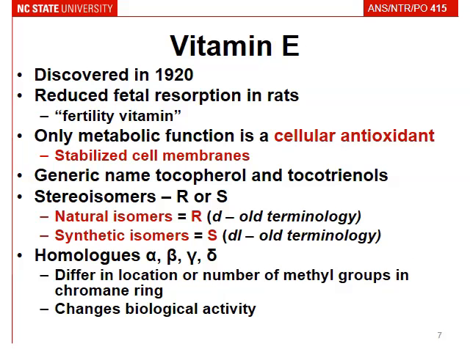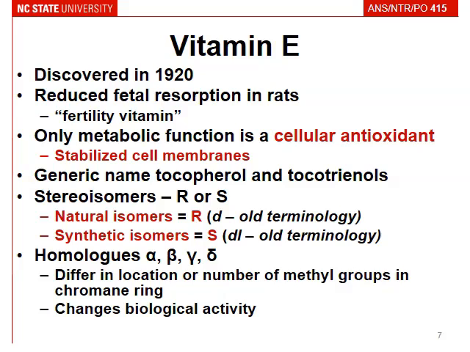Now, as this is a nutrition class, we are going to focus on discussing the nutrients that have antioxidant properties. One of the most common ones that everybody is most familiar with is vitamin E. So vitamin E was actually discovered in 1920.